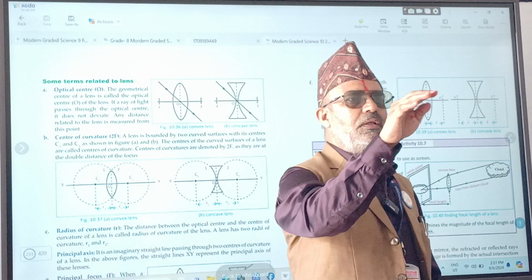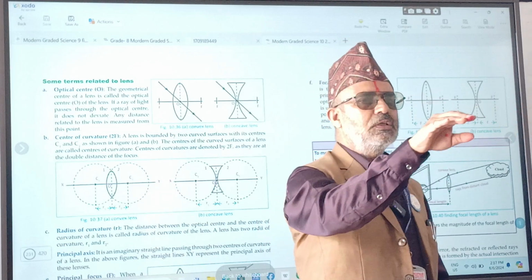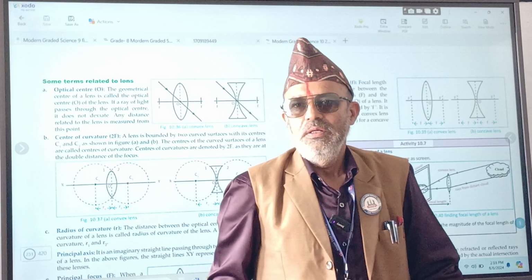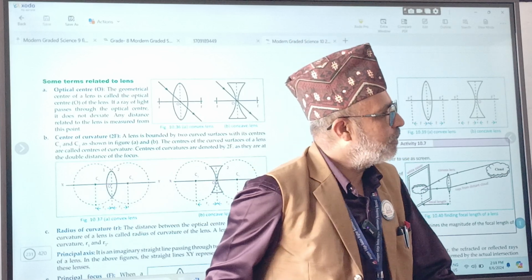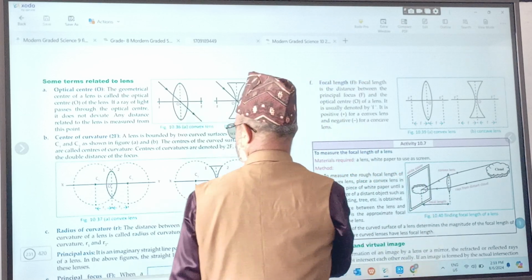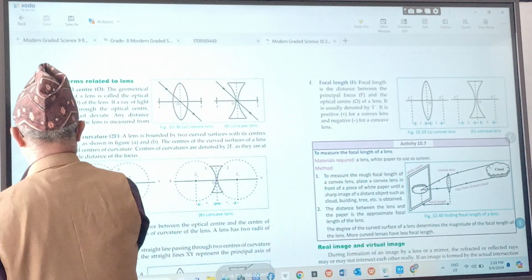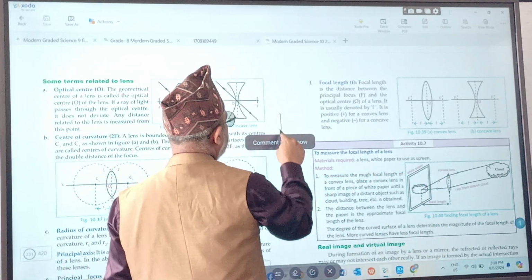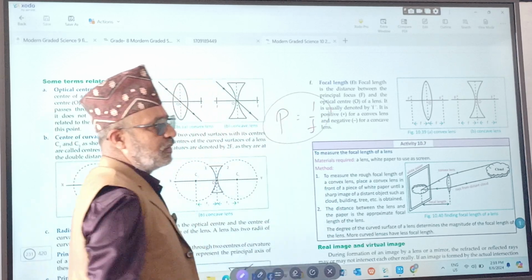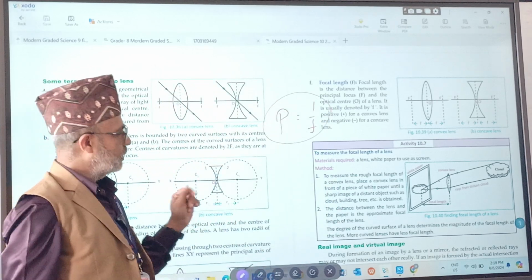If so, the power of the lenses which these children are using is also negative. If focal length is negative, power will also be negative. The formula to calculate power of a lens is P equals 1 by f. Okay, remember this.